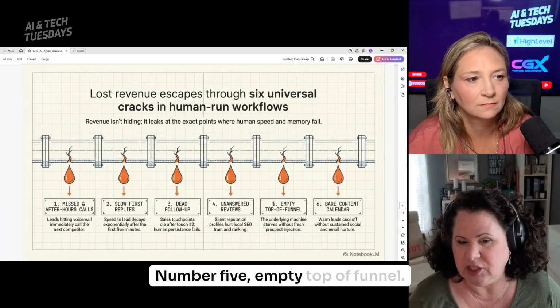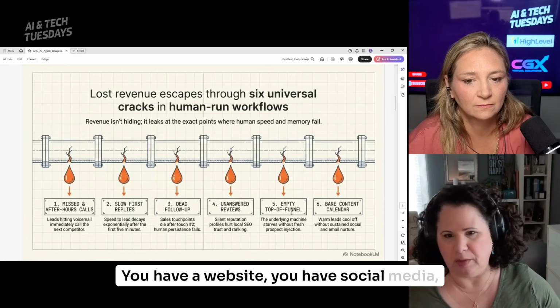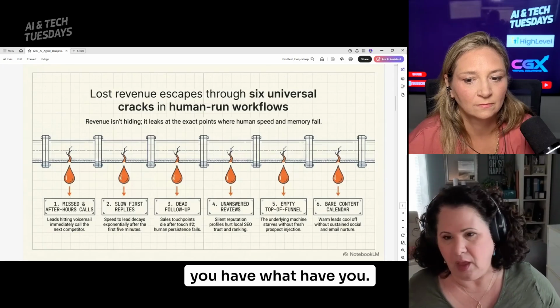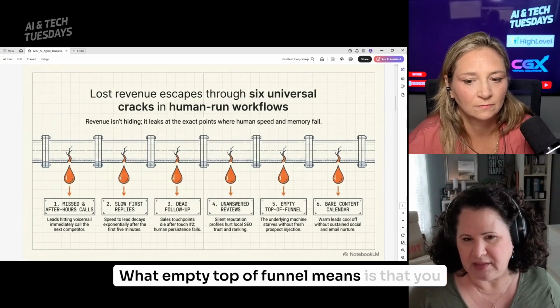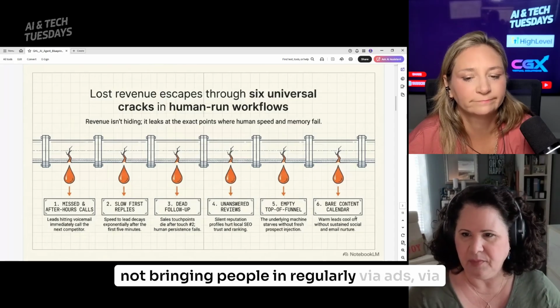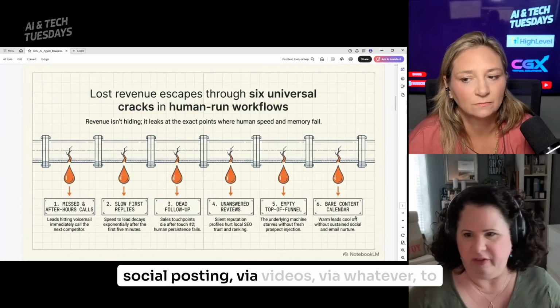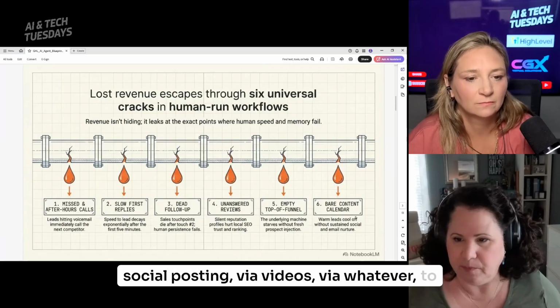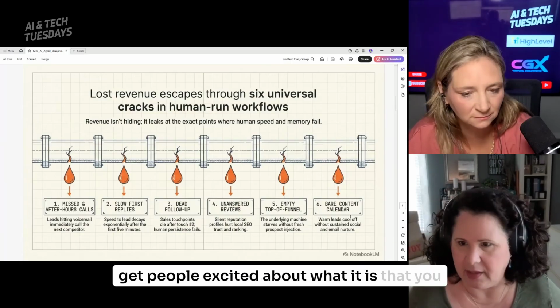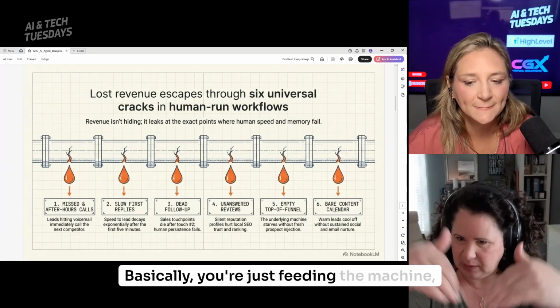Number five, empty top of funnel. You have a website, you have social media, and so on. What empty top of funnel means is that you could have those assets, but if you're not bringing people in regularly via ads, via social posting, via videos, via networking, whatever to get people excited about what it is that you do, all those things are top of funnel. Basically, you're just feeding the machine.